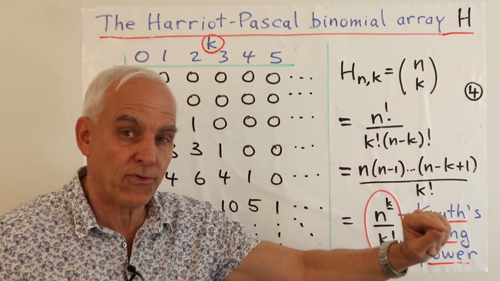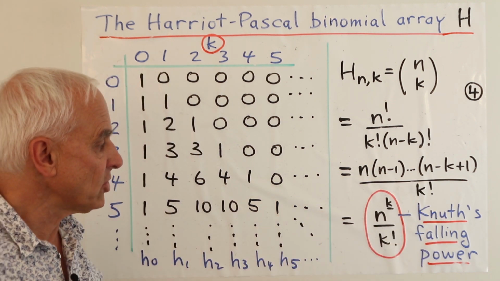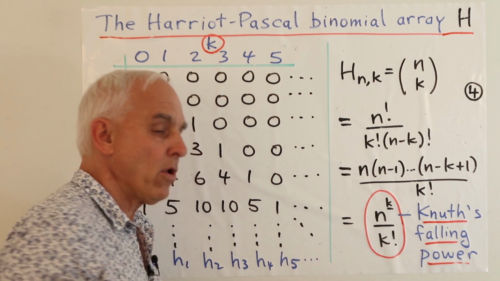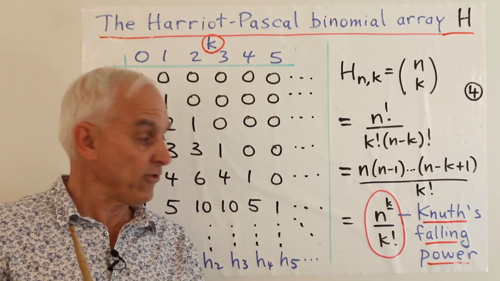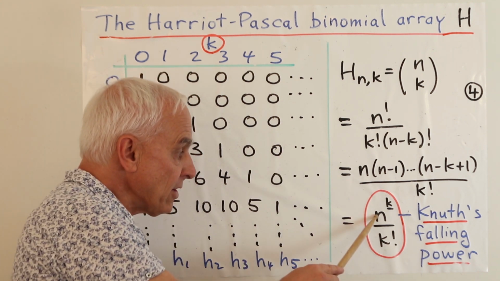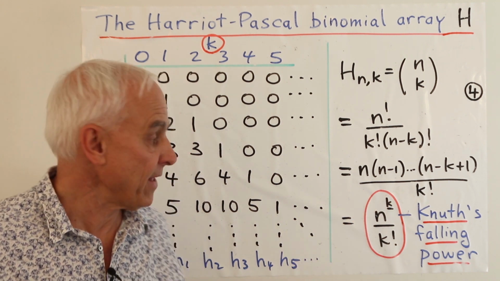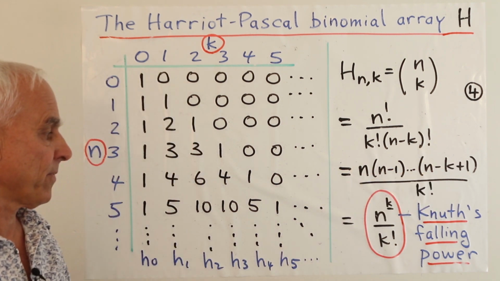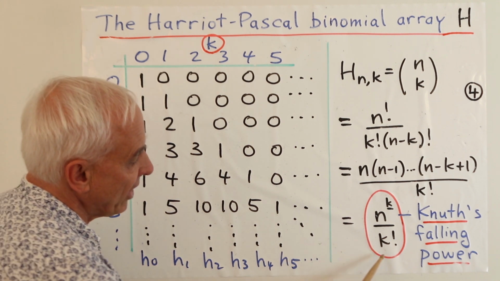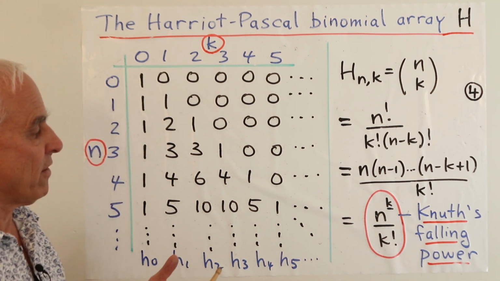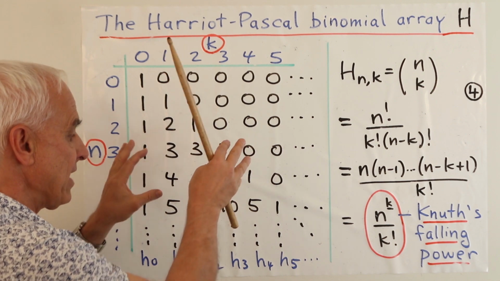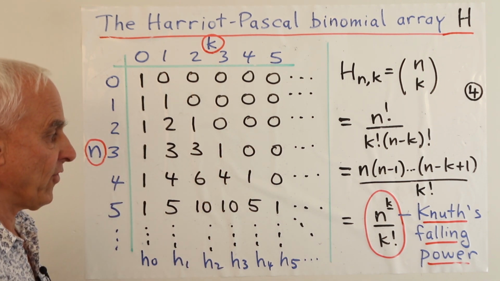Altogether k terms. And it's very convenient to use Donald Knuth's falling power notation to express this numerator. n to the k falling. Okay, that's exactly what that is there. Divided by k factorial. So this then is an alternate way of expressing what the nkth element of this array is.